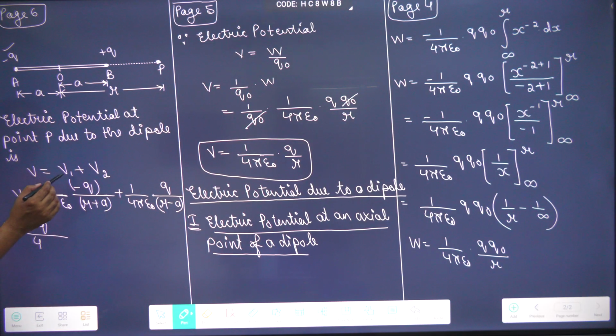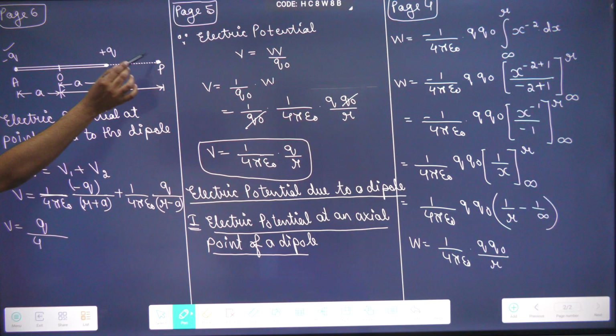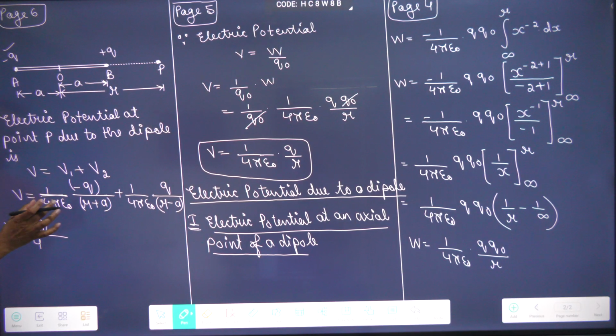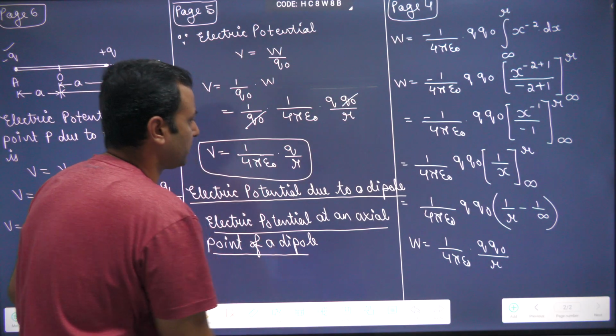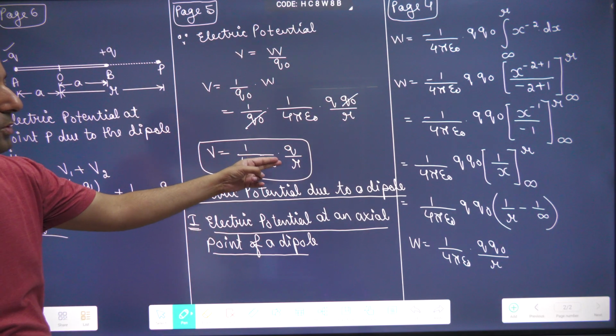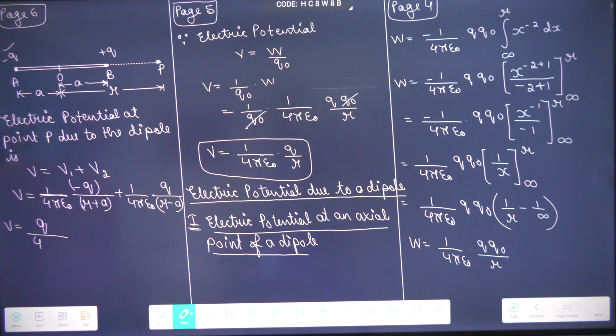All right. So V1 is the electric potential due to charge minus q. So what will be the electric potential at point P due to this charge minus q? As per this formula, 1 upon 4 pi epsilon naught q upon r. So 1 upon 4 pi epsilon naught minus q upon distance. Distance is r plus a.